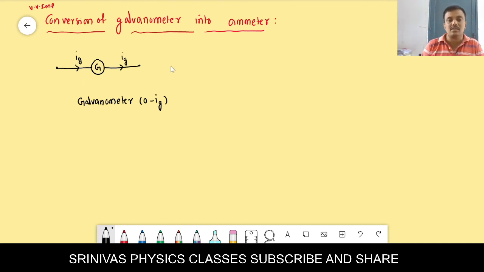Now I want to convert this galvanometer into ammeter. For that, what you have to do? You have to increase the range of the galvanometer. It should measure more current.